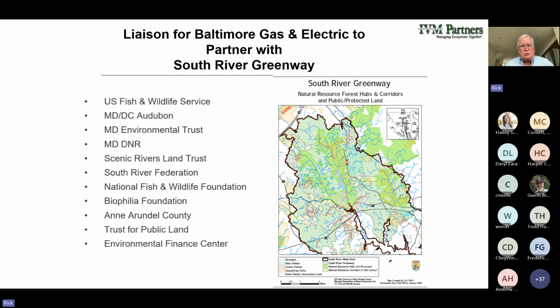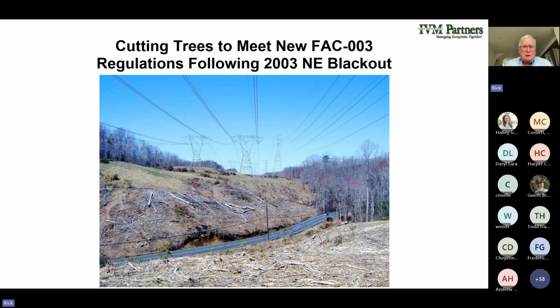So we also worked with Baltimore Gas and Electric with a number of agencies at the request of U.S. Fish and Wildlife Service. When those right-of-ways were cleared, and everybody basically went ballistic from the Channel 2 news broadcast in Baltimore to the newspaper in Annapolis, they wanted BG&E to replant this right-of-way, and Fish and Wildlife said, "I know why you had to do it."